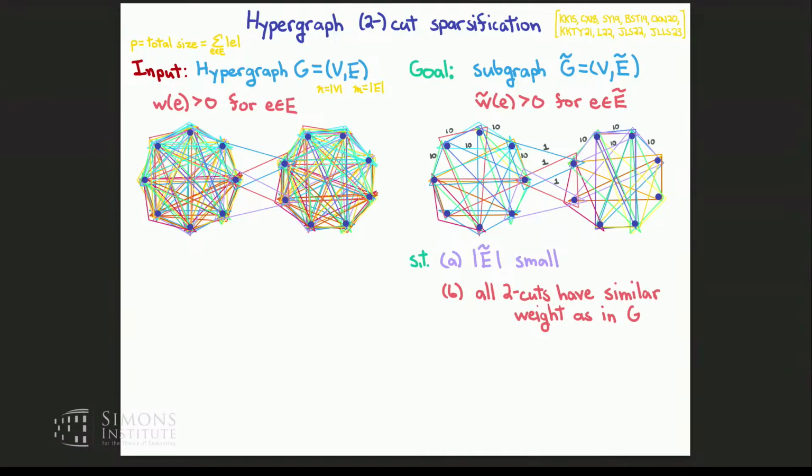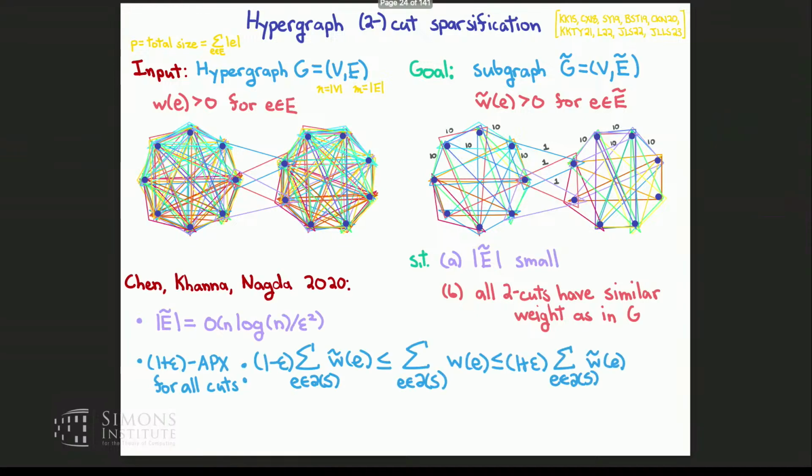There's been recent interest, and a number of results, but a very strong one by Chekuri and Xu was able to recover the Benczúr-Karger result, which is they can get the number of hyperedges down to n log n over epsilon squared, while preserving the weight of every cut up to a 1 plus epsilon multiplicative factor.